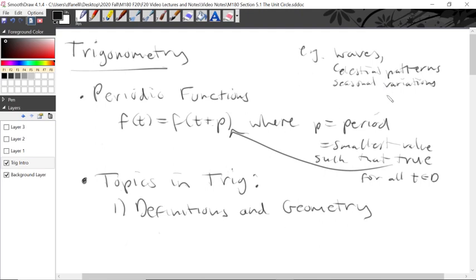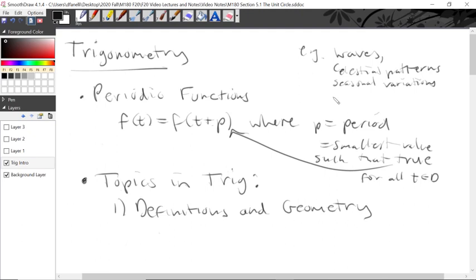It's a repeating pattern, as are the migrations of different species of animals. Birds fly south, come back north in the northern hemisphere, for example. Plants, right? The trees bloom in the spring, leaves die off in the fall, and then they regrow into spring again. These are repeating patterns, and they are best described by the trigonometric functions.